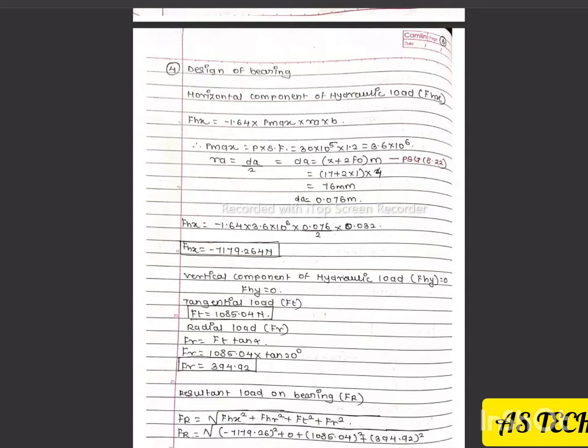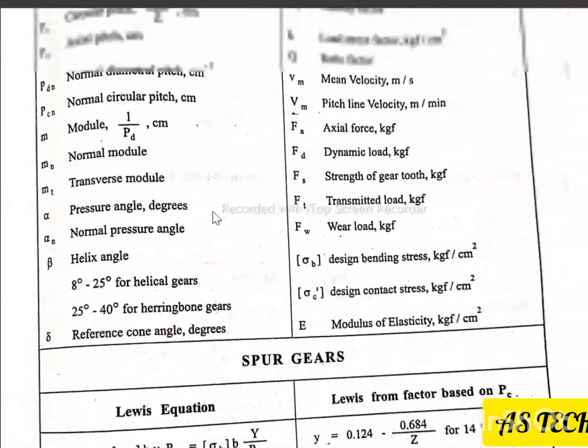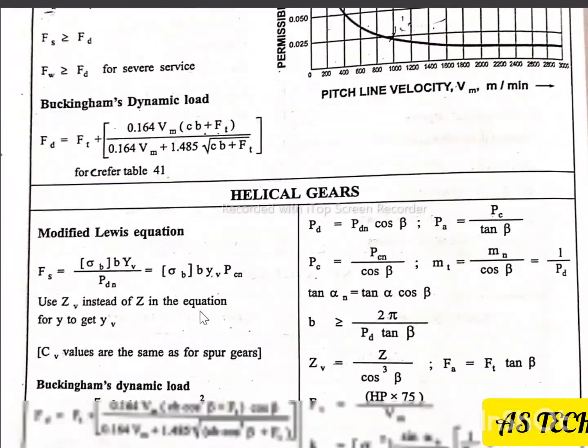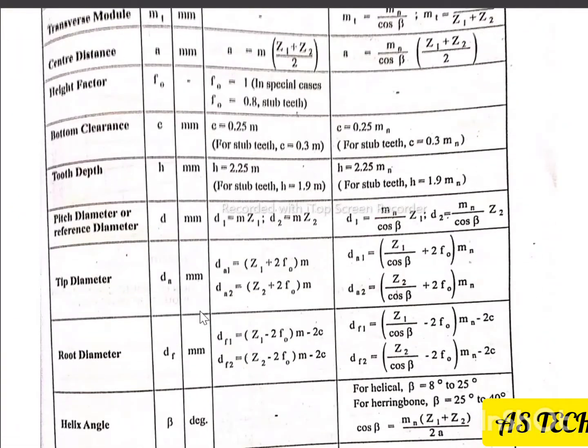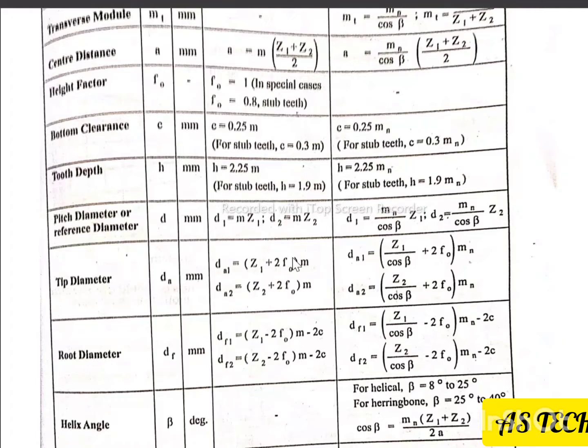And to calculate dA, the formula is available in PSG 8.22. That is the tip diameter. So dA equals Z1 plus 2 into FO into M. FO is 1 in the special case and FO is 0.8 for a stub tooth.